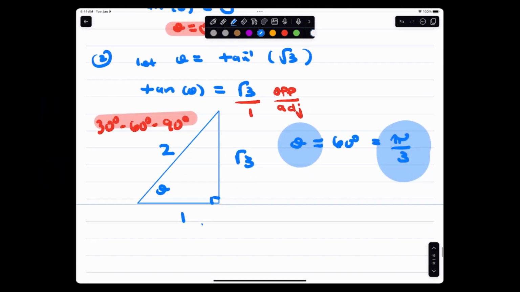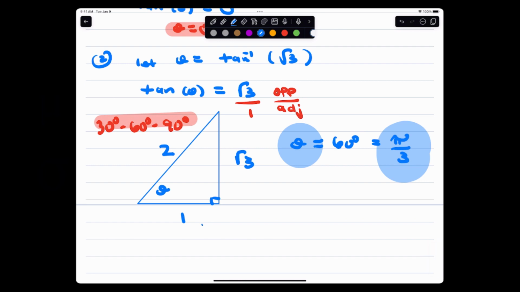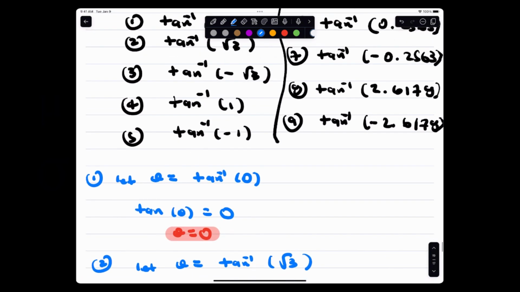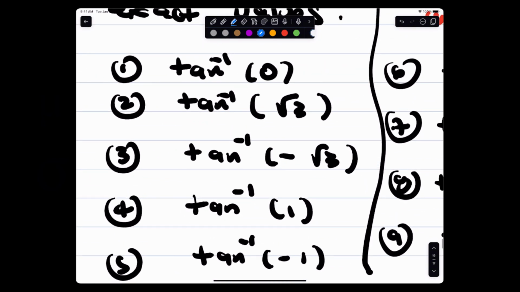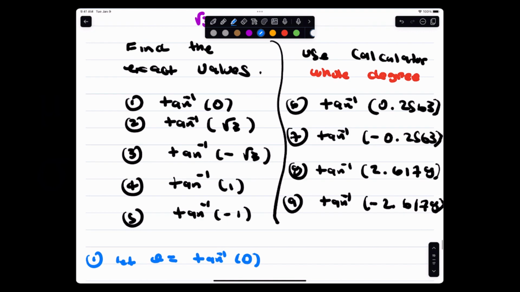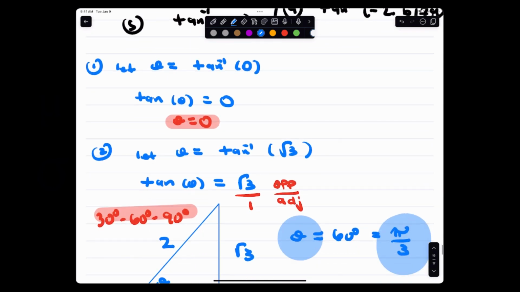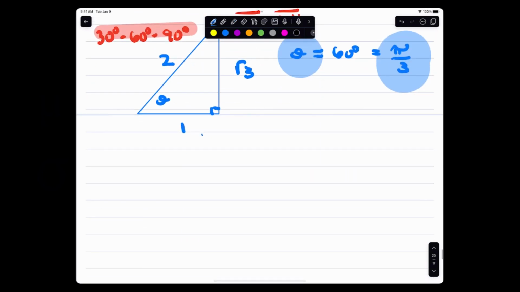Anyway, there you go. So number 3, though, notice this, compare and contrast, right? What if they say, what's inverse tangent of minus square root of 3? Minus number 3 now. Inverse tangent minus square root of 3.